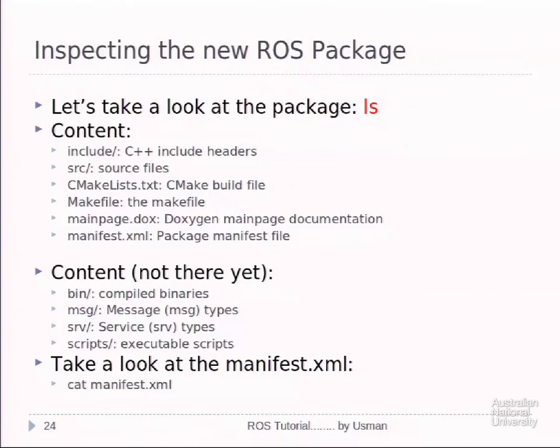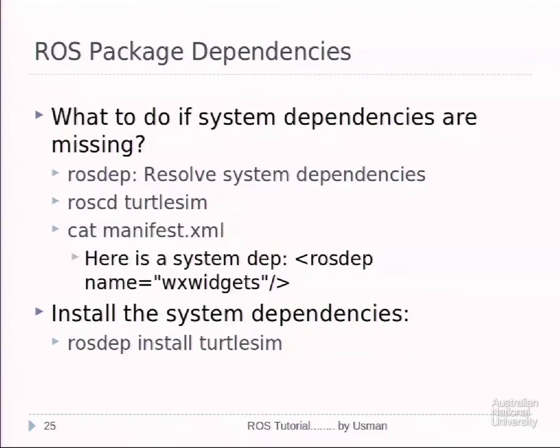If you open that with cat, a command in Ubuntu that shows you the contents of a file, you can see here the turtlesim package is dependent upon some wxWidgets library. Once you make your package with its dependencies, you then have to install the dependencies as well. There is one command that can install those things, called rosdep install turtlesim.